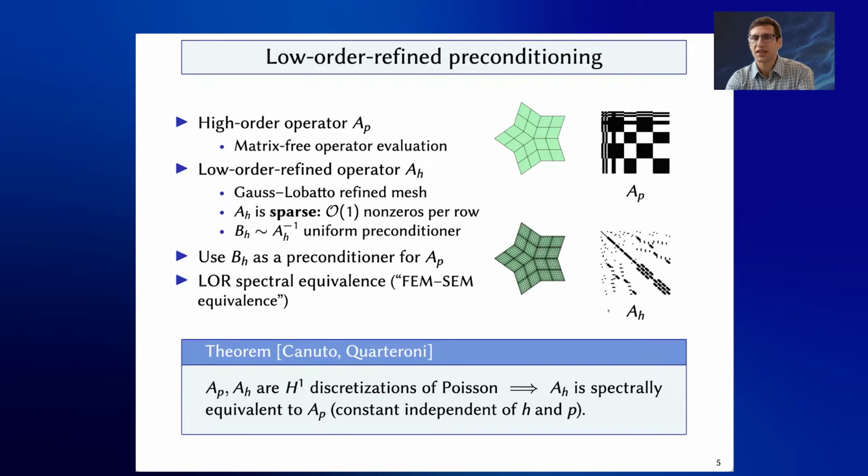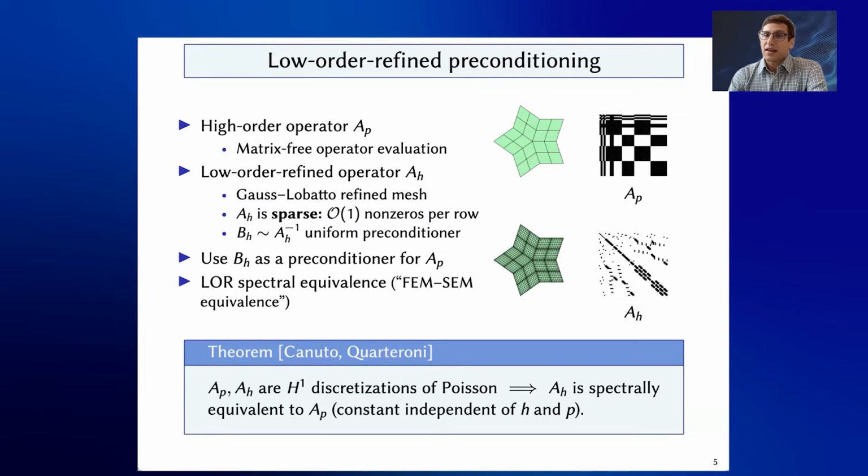It has the same dimensions as AP, but the number of non-zeros per row is constant, independent of the polynomial degree. And again, this is a matrix that comes from a low order discretization. So we can take an off-the-shelf solver for low order finite elements, construct it using AH, and apply it to our original problem AP using the matrix-free action.